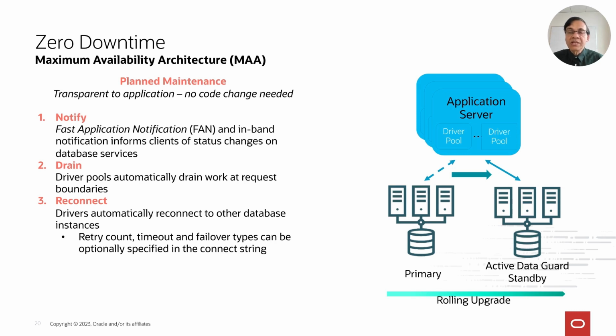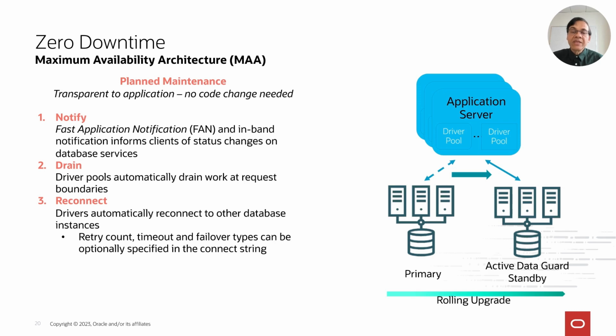Let us go into a little bit more detail on planned maintenance. During planned maintenance, whether it is RAC or active data guard, you will be doing a rolling upgrade and bringing maybe one instance down at a time. As that instance is brought down, the server notifies the client that it is about to go down. And then the client pool will drain the pool.